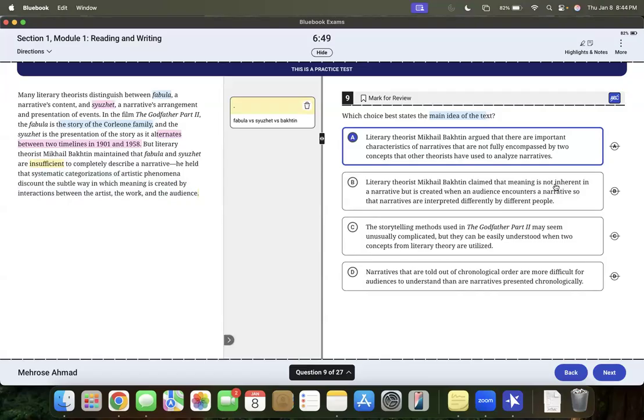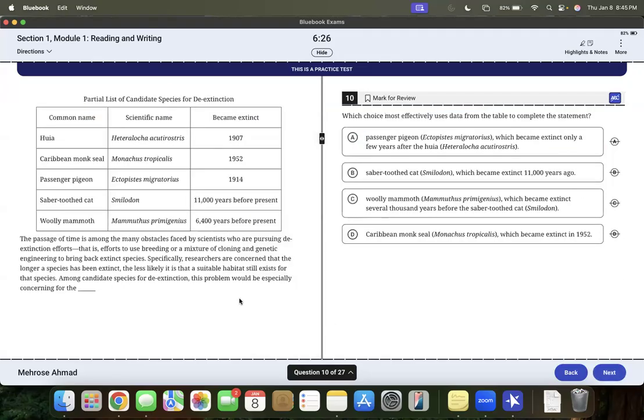So I don't think B is correct. C, storytelling methods in Godfather are complicated, but they can be understood when two concepts are utilized. Doesn't make sense because Bakhtin's whole point is separate from this. D, narratives told out of chronological order are more difficult to understand. This is way out of scope. So A is the best answer.